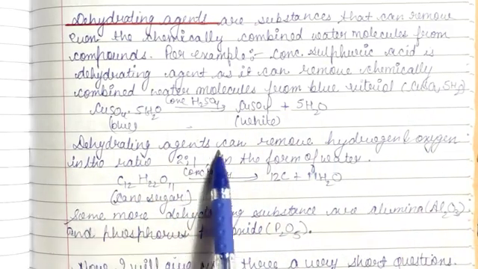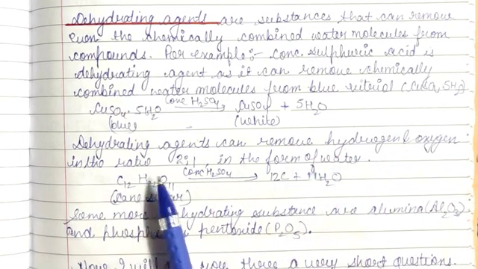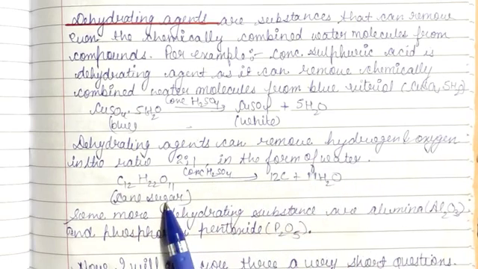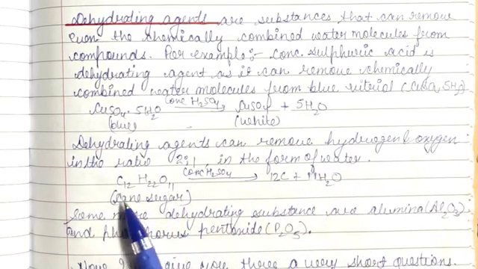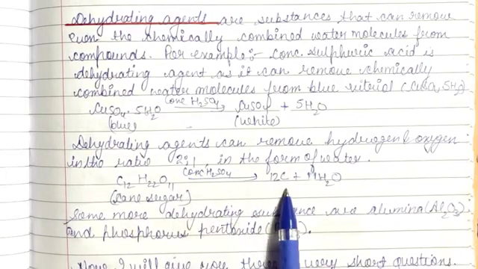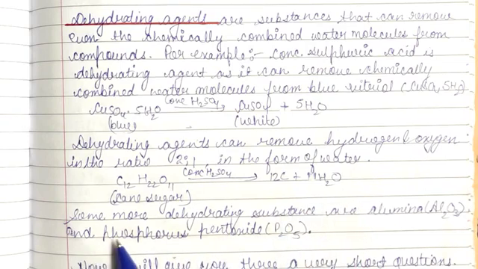Dehydrating agents can remove hydrogen and oxygen in the ratio 2:1 in the form of water. Suppose we heat cane sugar, C12H22O11, in the presence of concentrated sulfuric acid, it will form 12 atoms of carbon and 11 molecules of water. Some more dehydrating substances are alumina, Al2O3, and phosphorus pentoxide, P2O5.